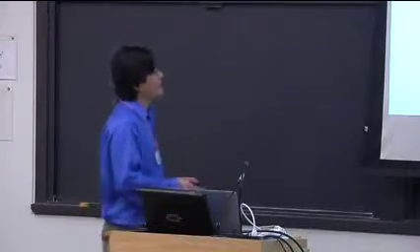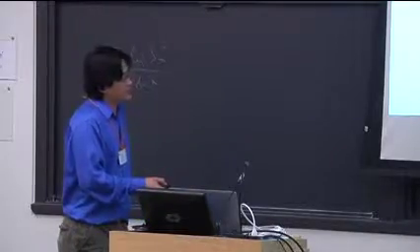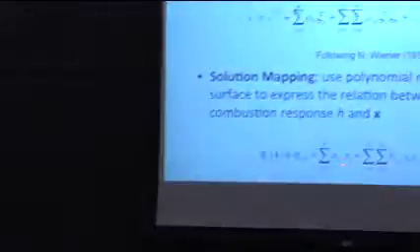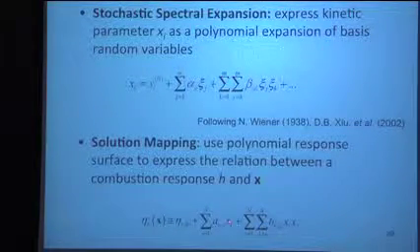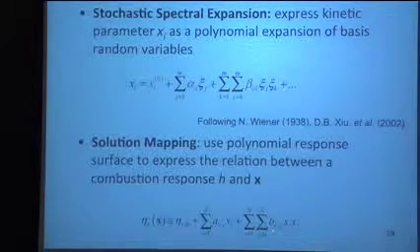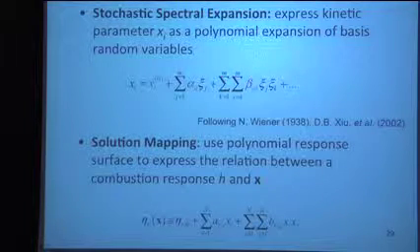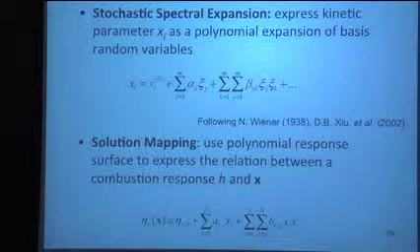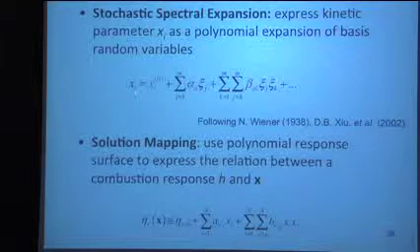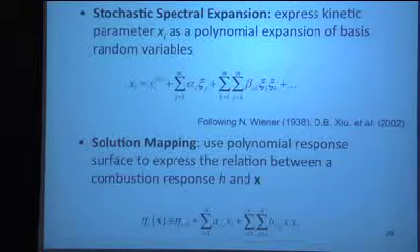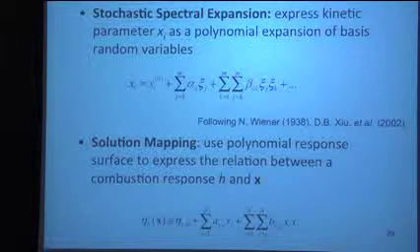Okay. The X is a rate parameter, thermochemical data, or anything that goes into the model. And now I want to represent the uncertainty of this X. How do I do that? I go to Wiener's approach, that's called a stochastic spectral expansion. I express a parameter as its nominal value plus its fuzziness.